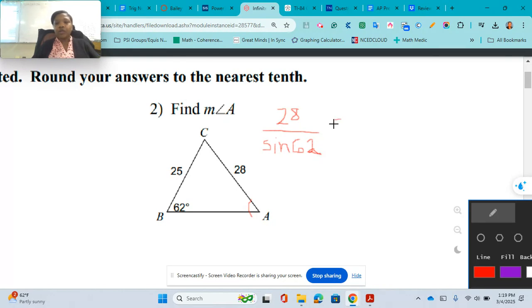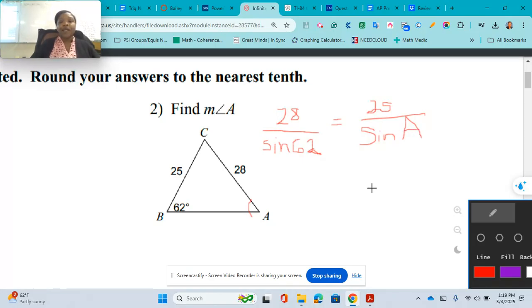And that equals, now if we are looking for angle A, what would be at the top? 25, excellent. Side length goes with side length. And we are looking for the angle. So on the bottom, it would be sine of angle A.